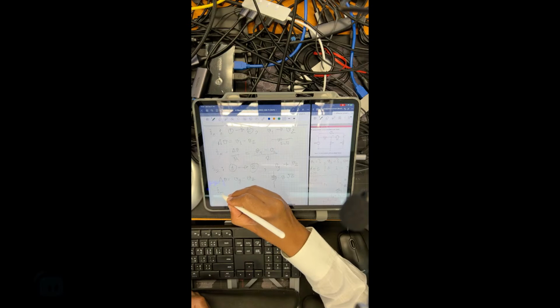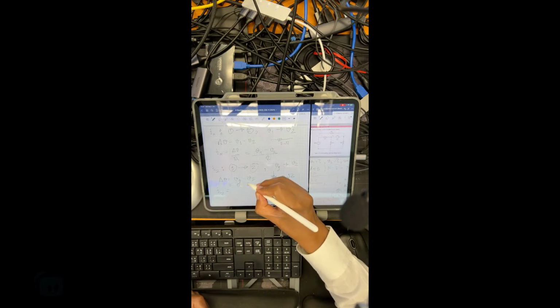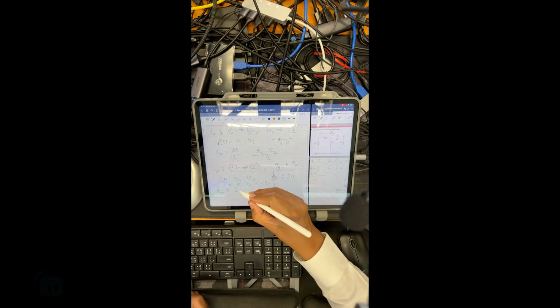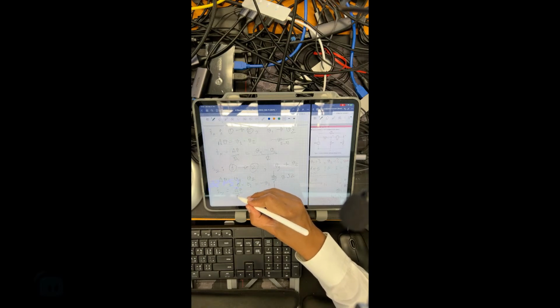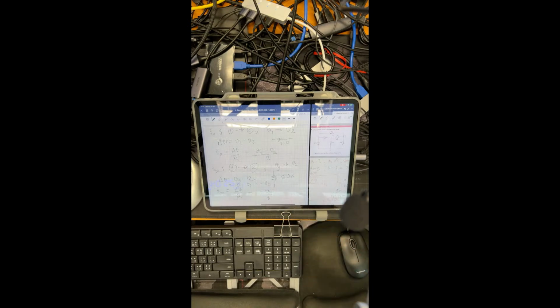So Iz is 0 minus V2, which is minus V2 only. So Iz is delta V divided by R, which is minus V2 divided by 8. All right, we get Iz.